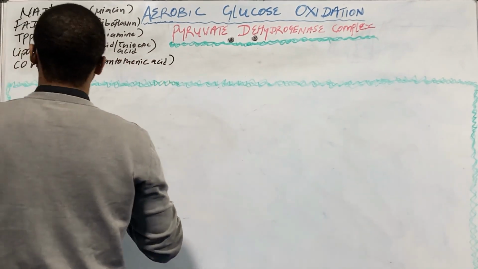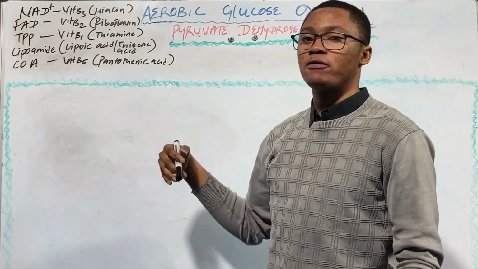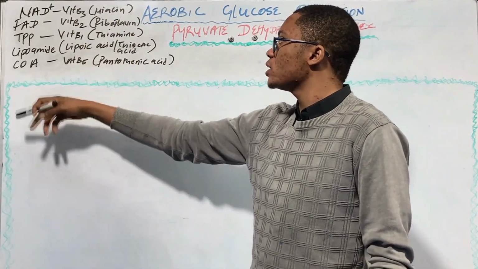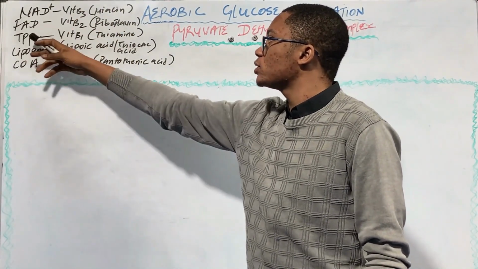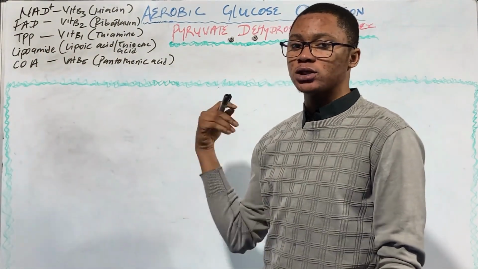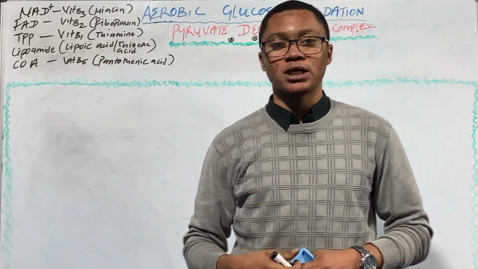So these are the 5 coenzymes of the pyruvate dehydrogenase complex: NAD from vitamin B3, FAD from vitamin B2, TPP, thiamine pyrophosphate, from vitamin B1, lipoamide from lipoic acid or thioctic acid, and lastly, CoA from vitamin B5, pantothenic acid.